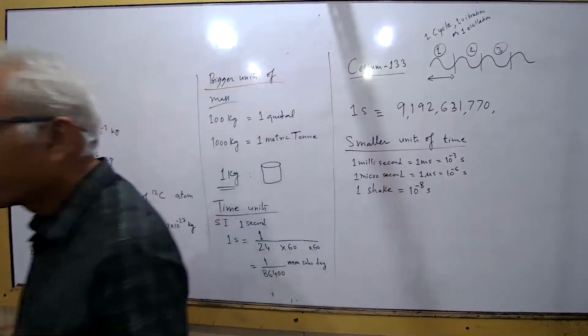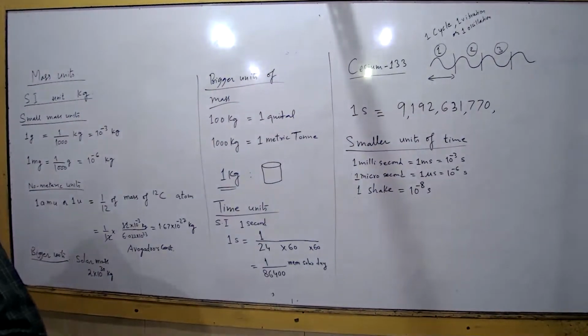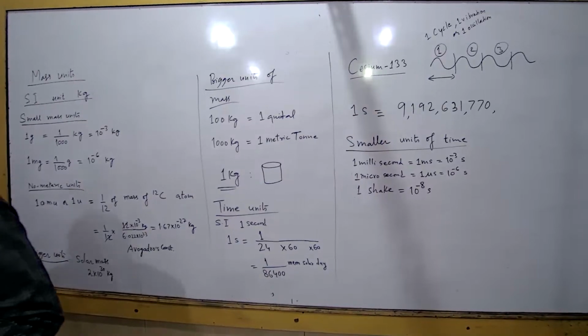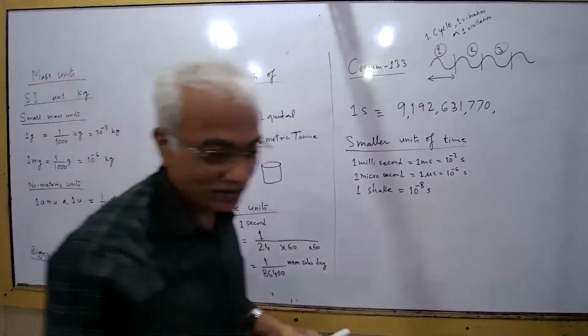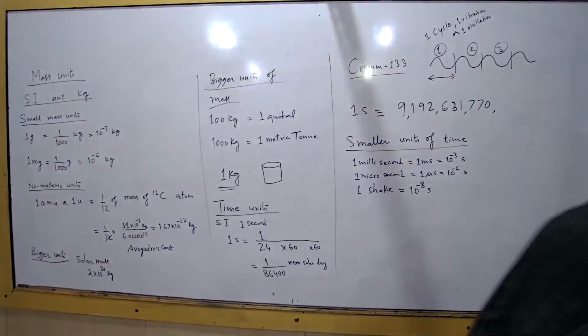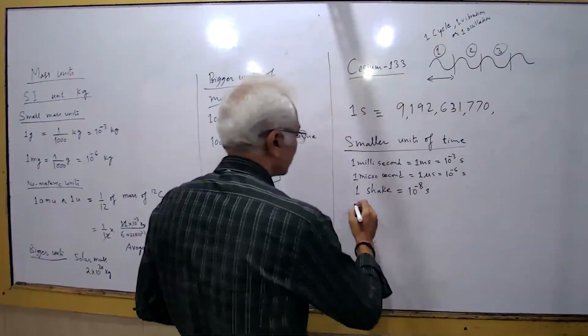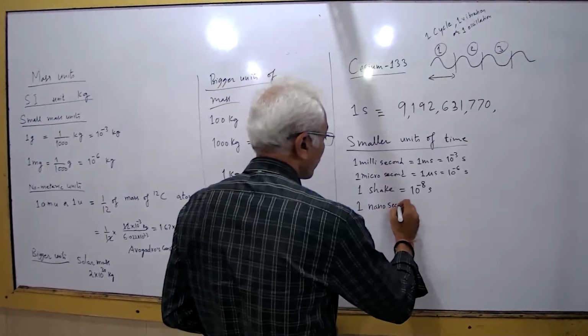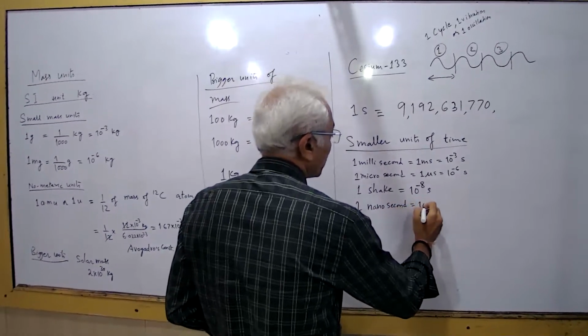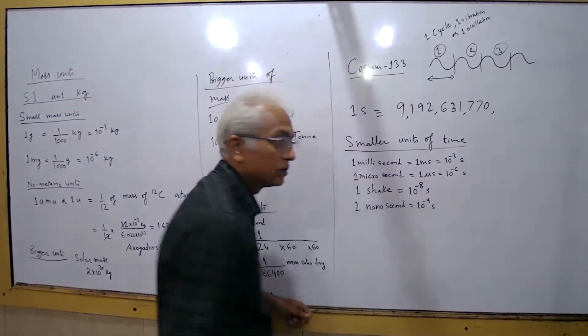I don't know what this means. Is it like when you're shaking something, that duration? Or what is it? 10 raised to minus 8. Okay, so it says shake. Then you have 1 nanosecond, 10 raised to minus 9 second.